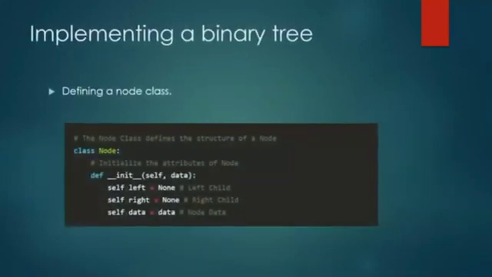Let us discuss implementing a binary tree. Defining a node class: the class node defines the structure of the node. Here we are taking a class node and defining a structure. We are defining the left child, the right child, and the node data.